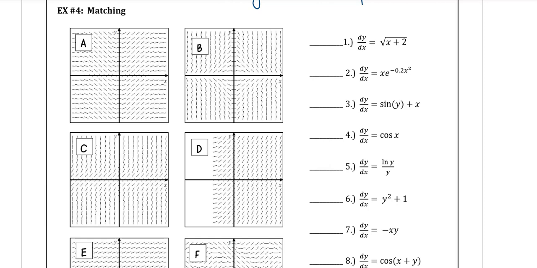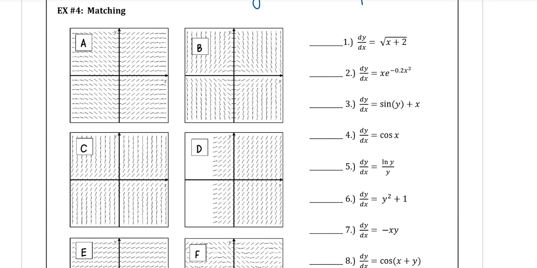So what I like to do is look for things like, where is the derivative going to equal 0? Because then I know that I can find horizontal lines very quickly by looking at the slope fields, because those tangent lines will be horizontal because they'll have 0 slopes.